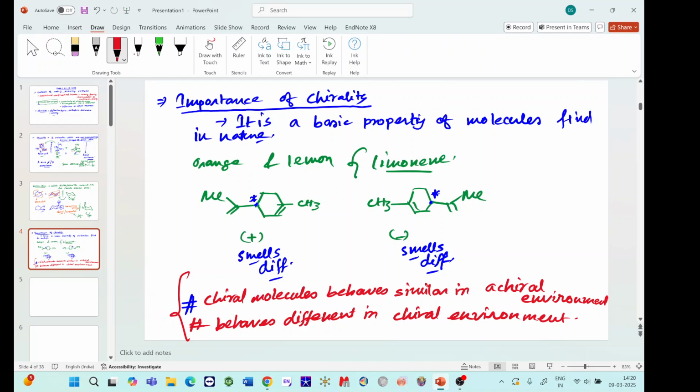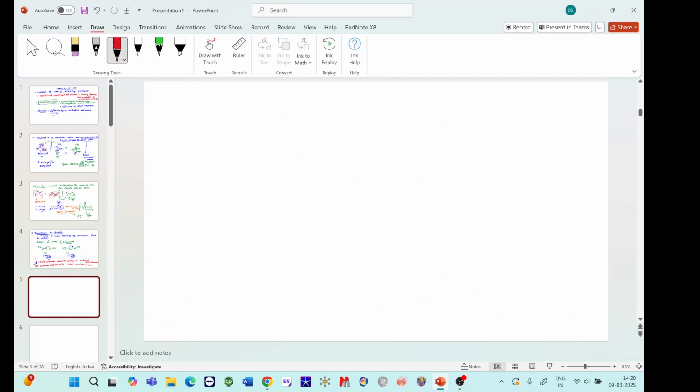So let us start. The importance is a historical effect. In the 1960s, there was an accident on drug use. There was a drug called thalidomide.